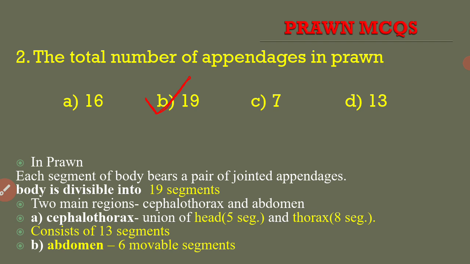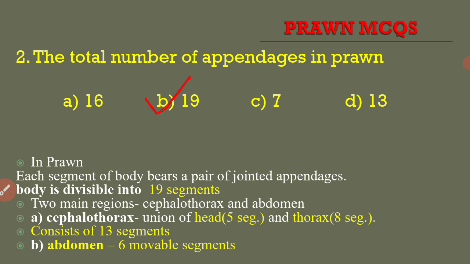These appendages are again divided into cephalothoracic appendages and abdominal appendages. That is, the body is divisible into two main regions. One region is called the cephalothorax region and the second region is called the abdomen region. Cephalothorax is a combination of two words, the cephalic region and the thorax region.